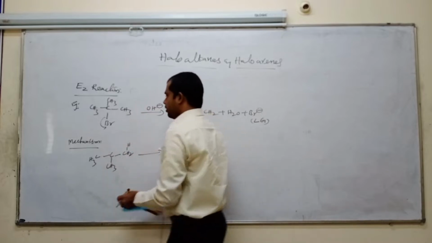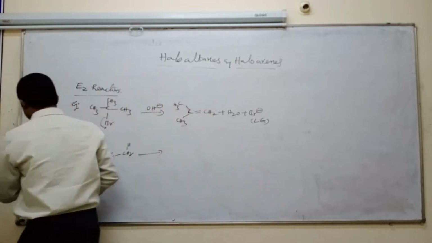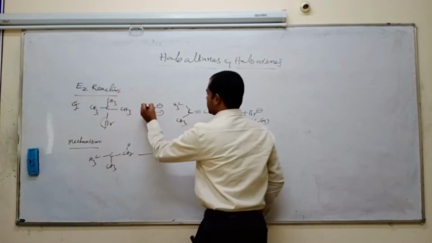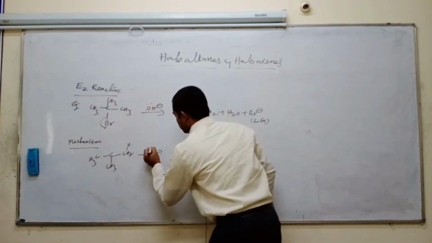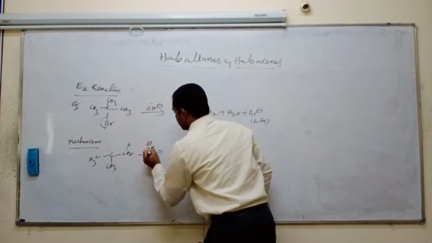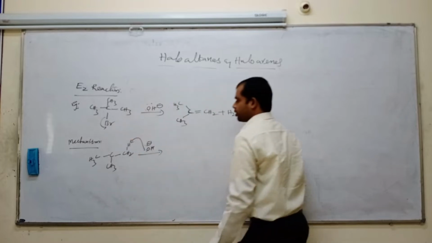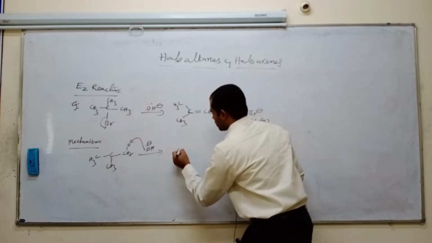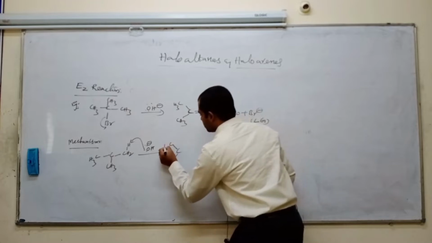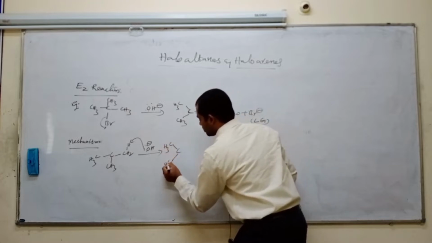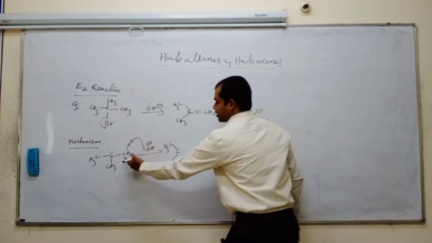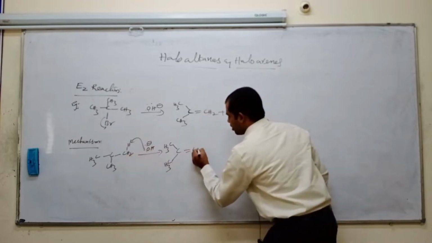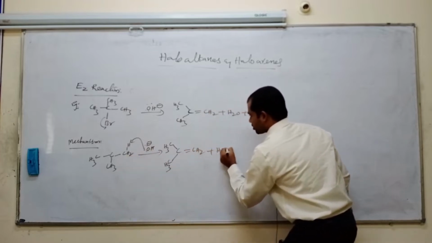In presence of base there is OH minus, and this OH minus attacks the proton here. So what happened, the product is here carbon, here CH3. One proton is abstracted, single bond becomes double bond, and a water molecule comes outside.